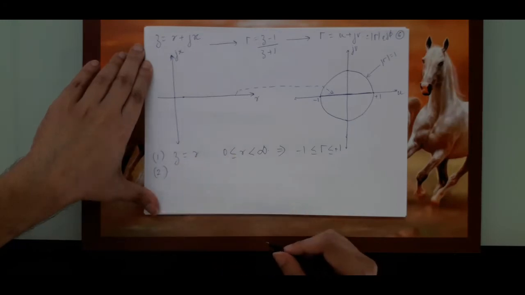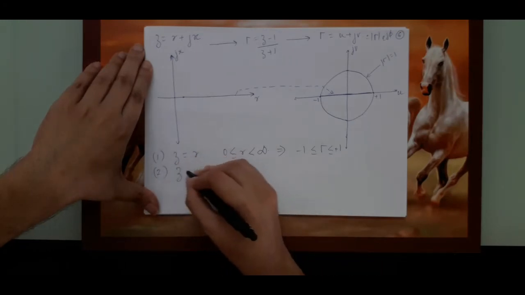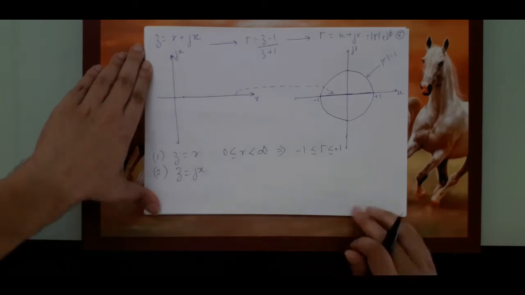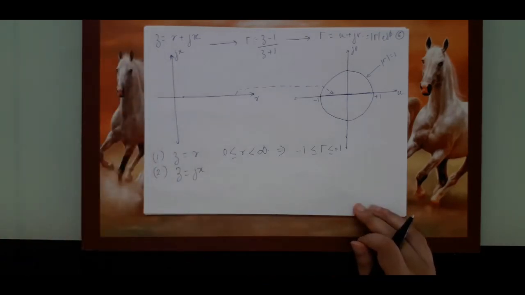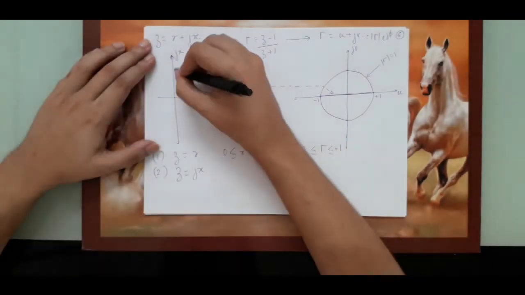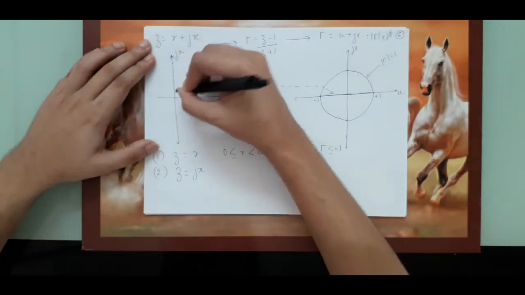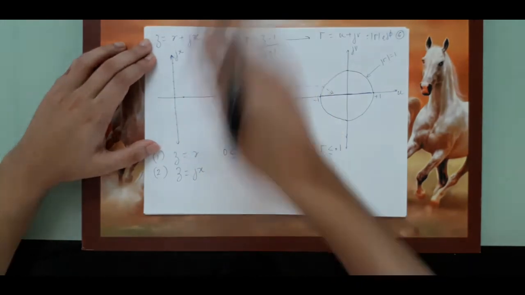Next, what if Z equals jX? That means it's purely imaginary. R is 0. That means all possible values lie here on the vertical axis.